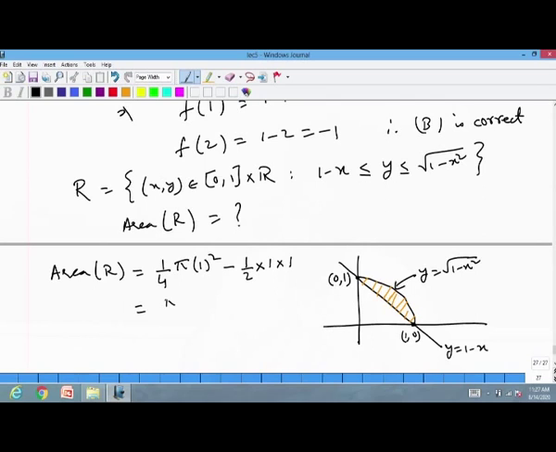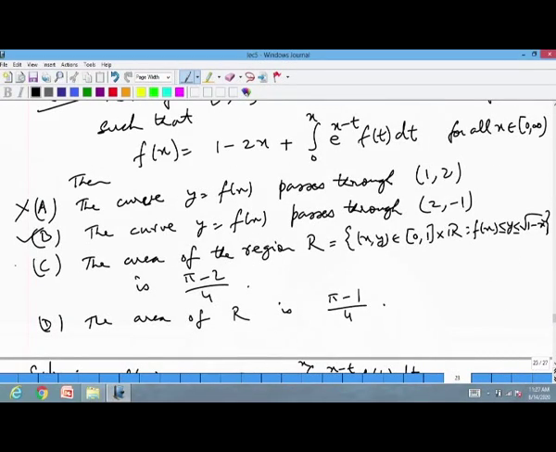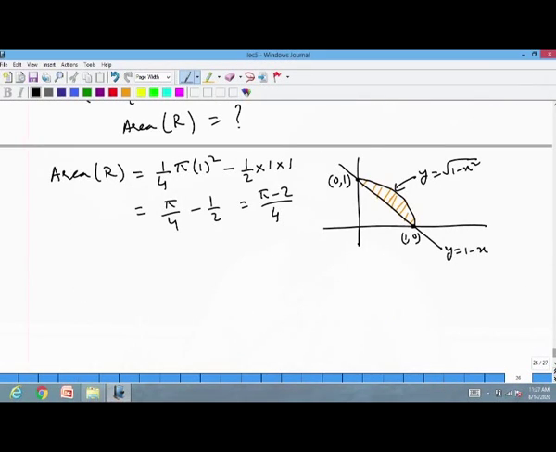So, this is pi by 4 minus half, which is equal to pi minus 2 by 4. So, option C is correct, D is wrong. Therefore, C is correct, D is wrong.